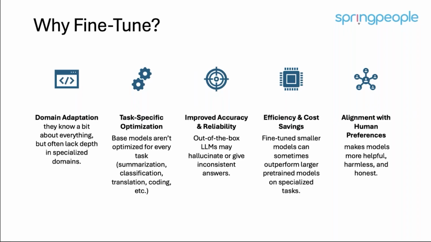I should put it this way: the larger the size of the model, the more accurate the results are, but you also increase the cost of operating it. So if you could take smaller models and fine-tune them, the overall operating cost comes down. So for that also we fine-tune, so that we avoid using larger models for very specific use cases.